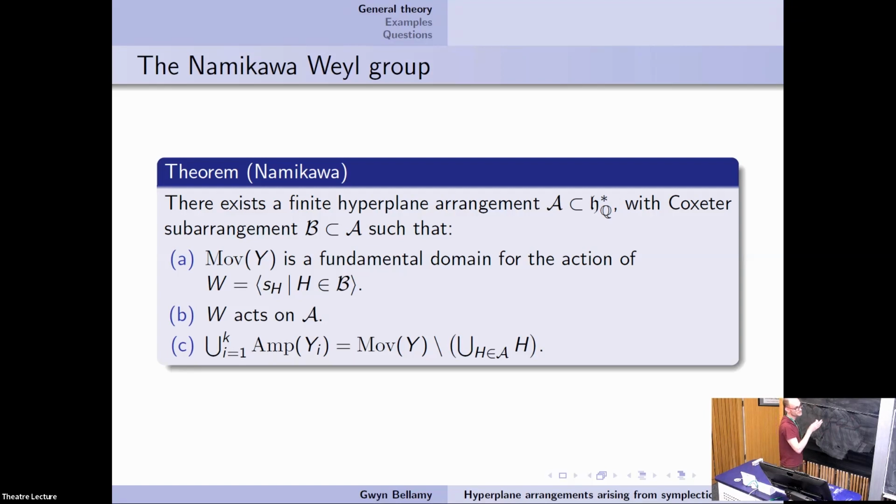So it's very special that this decomposition is given by hyperplanes. The upshot is simply that for any of these conic symplectic singularities, you get naturally a vector space with this arrangement. It's an arrangement with a Coxeter subarrangement.